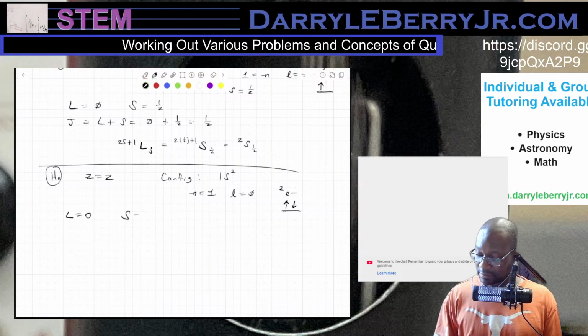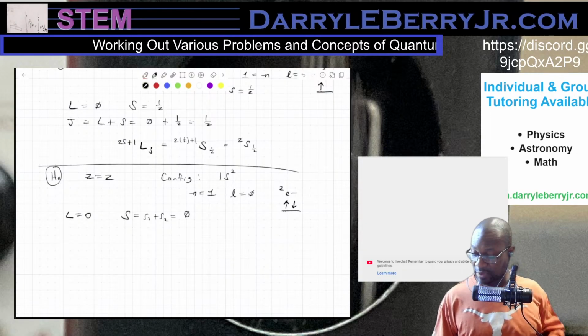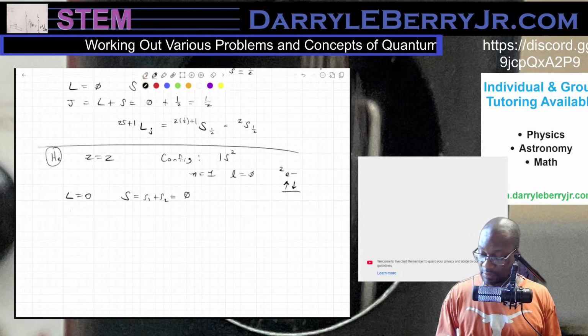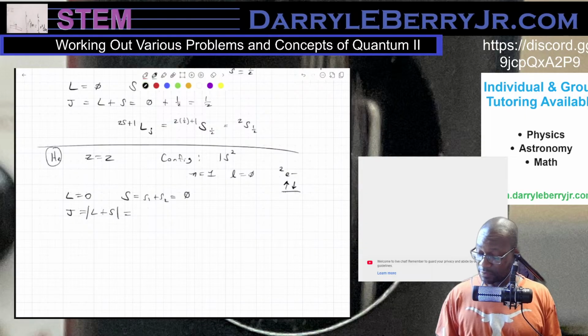So big S equals S1 plus S2, which equals 0, because negative 1/2 plus 1/2 equals 0, and J equals L plus S, or minus S, which equals 0 plus 0 equals 0.